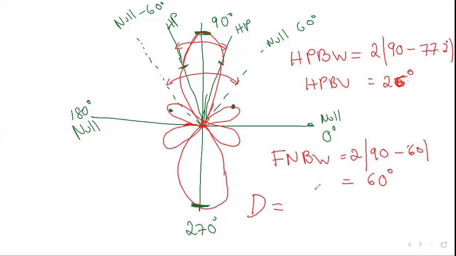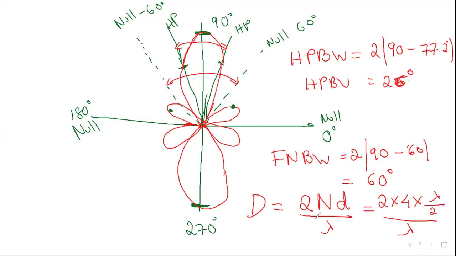So directivity of such an array is 2 times the number of elements spacing divided by lambda. So what was it? 2 times multiplied by 4 multiplied by lambda by 2 upon lambda. So directivity comes to be 4. Is that clear?